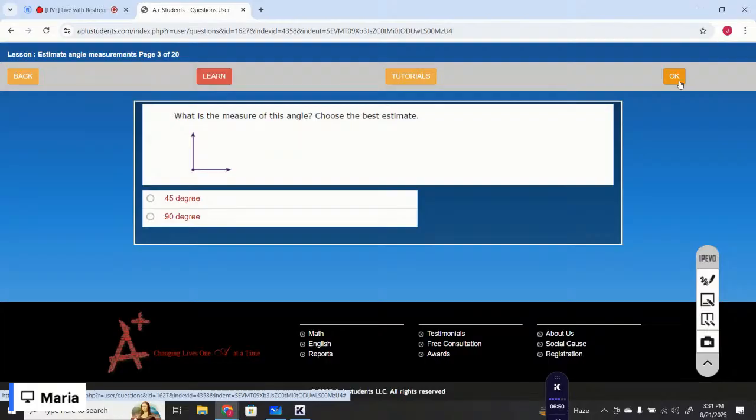What is the measurement of this angle? That is exactly 90 degrees. Option number one is the correct option.